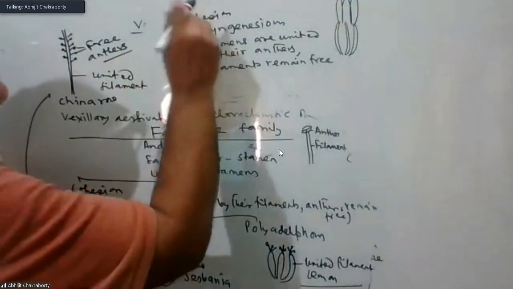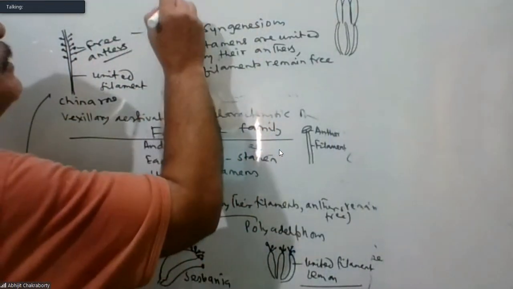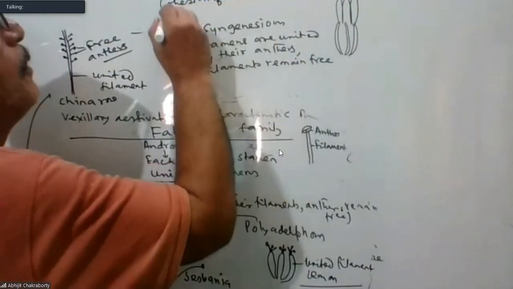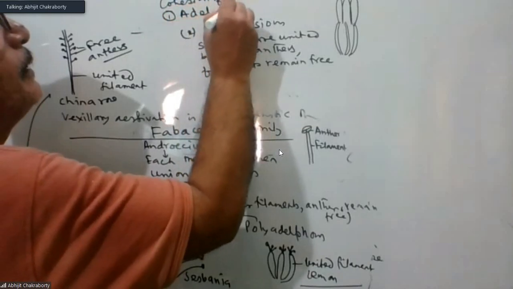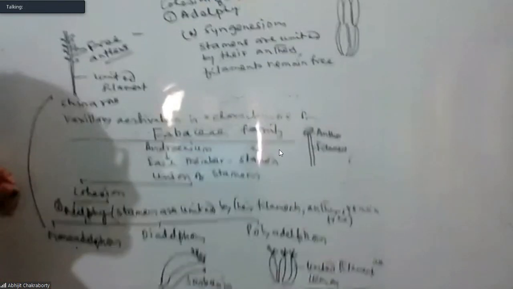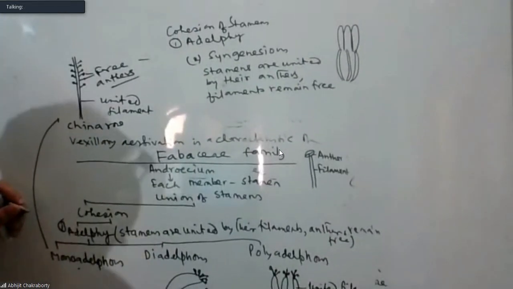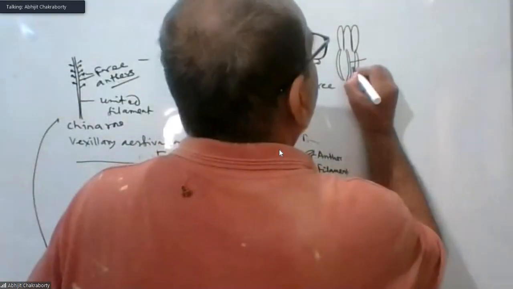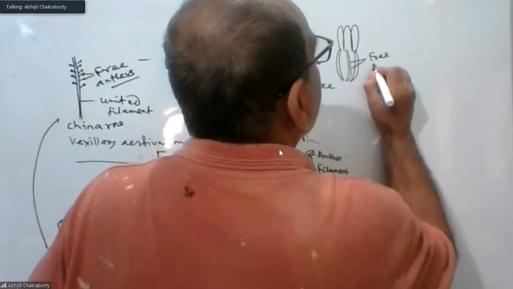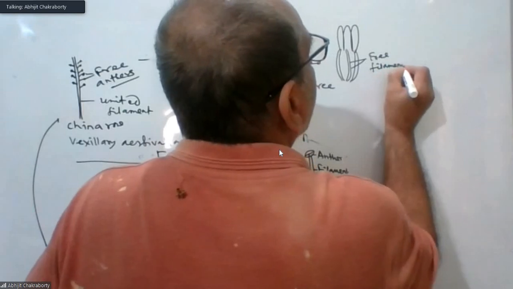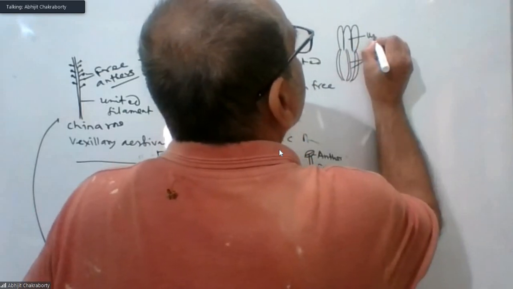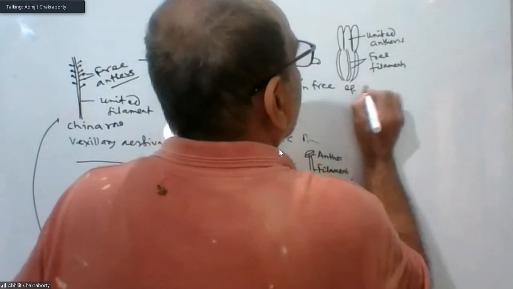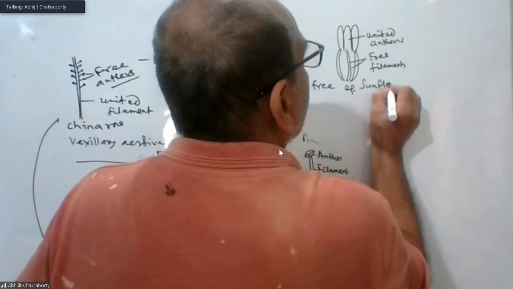Under cohesion, the first one is Adelphi, already discussed. Clear? Now I am going to discuss syngenesious: free filaments, united anthers. Example, sunflower.